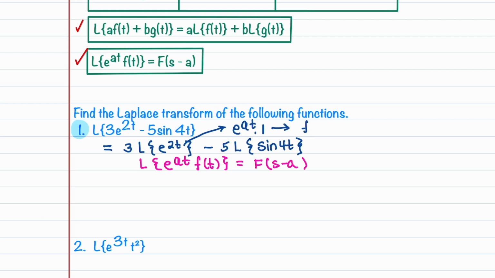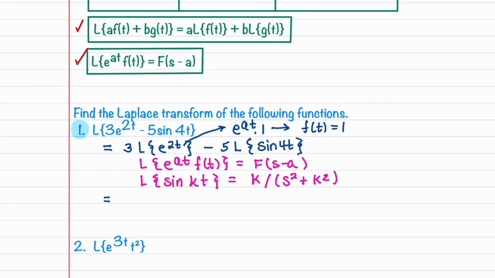So our f of t is going to equal 1. Now let's write down the formula for sine. The Laplace transform of sine kt is equal to k all divided by the quantity s squared plus k squared.